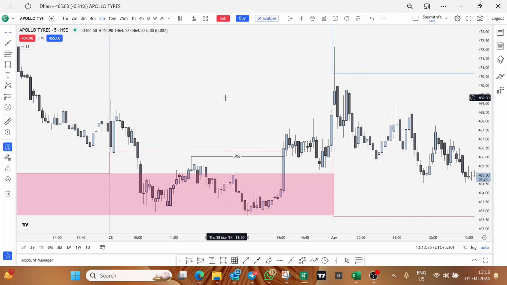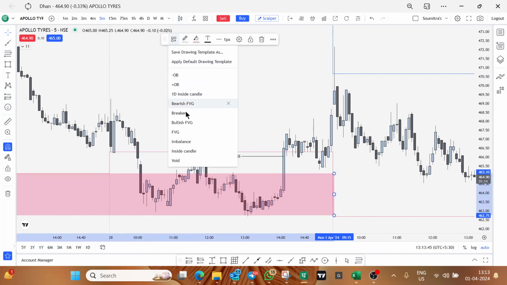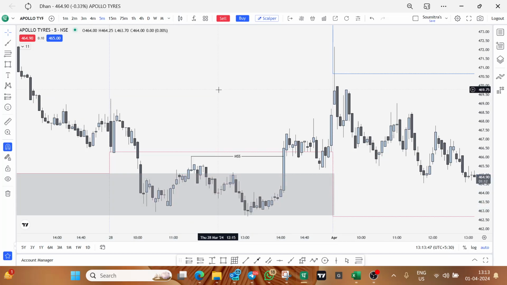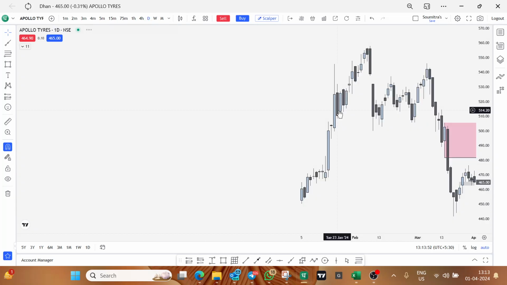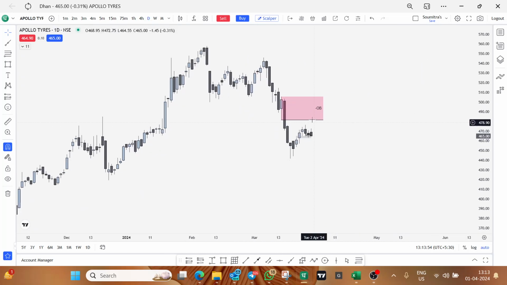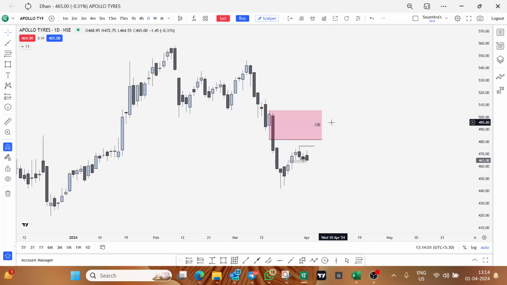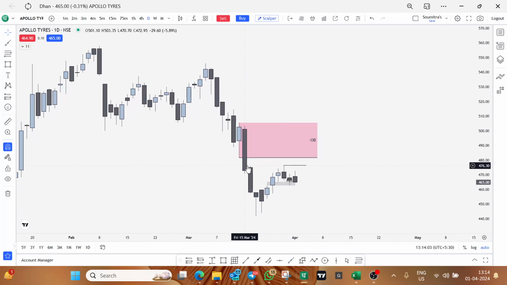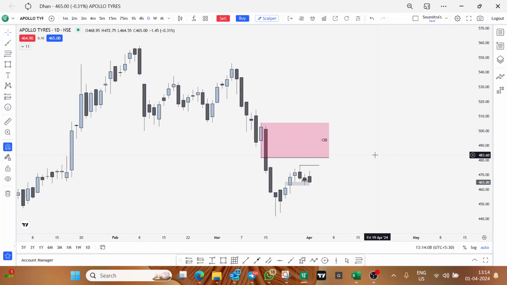So my idea was price was reacting from this particular inefficiency, and so it is highly probable that it will reach this swing high first, this swing high, and then eventually this inefficiency, and then eventually this order block.